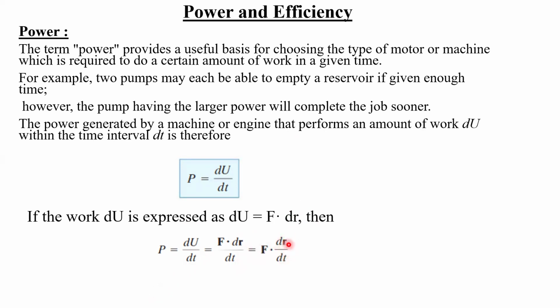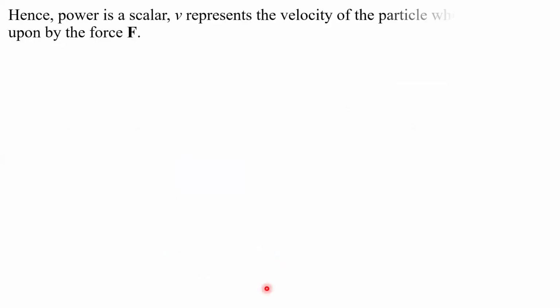And r is displacement, and dr/dt is the time rate of change of displacement. So, power will be F dot v. And that means this is a dot product, which is a scalar product. Hence, power is a scalar quantity. v represents the velocity of the particle, which is acted upon by the force F.